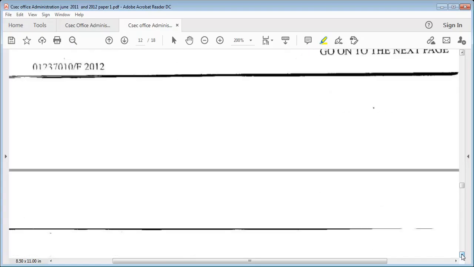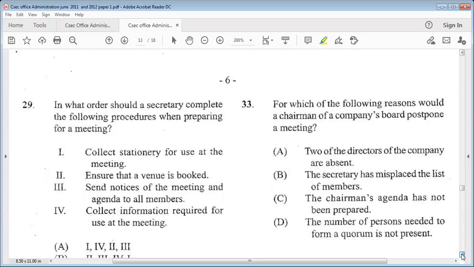Okay, let's go on to question 29. Here it says, in what order should a secretary complete the following procedures when preparing for a meeting? 1. Collect stationery for use at the meeting. 2. Ensure that a venue is booked. 3.